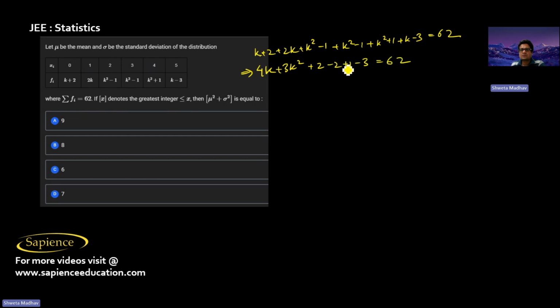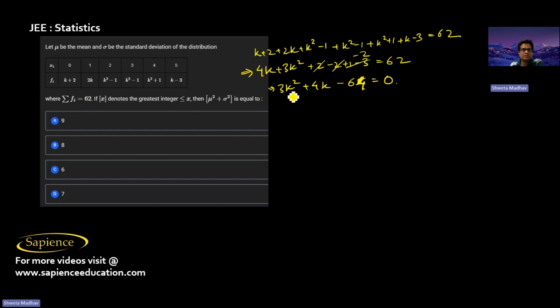That is equal to 62. So 2 and 2 will get cancelled. So I have 3k² plus 4k minus 65, so minus 2, so minus 64, that is equal to 0.